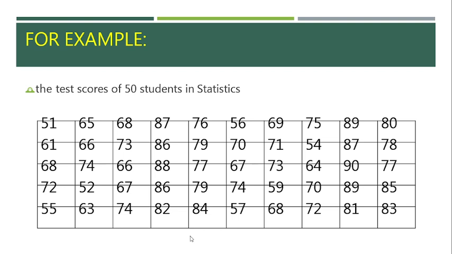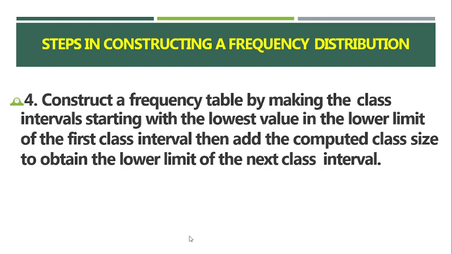Next, step 4 is to construct a frequency distribution table, of course, by making the class intervals starting with the lowest value. In terms of writing down the class intervals, there are times that the values you are showing go from the highest value down to the lowest value.